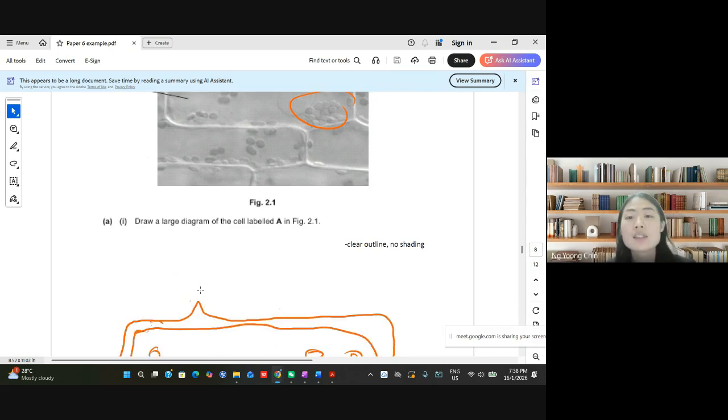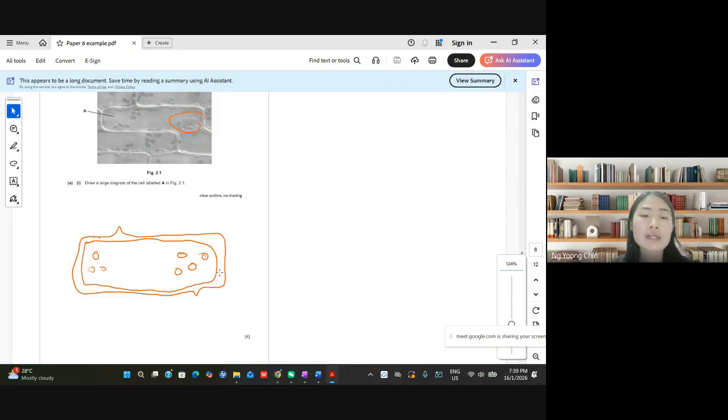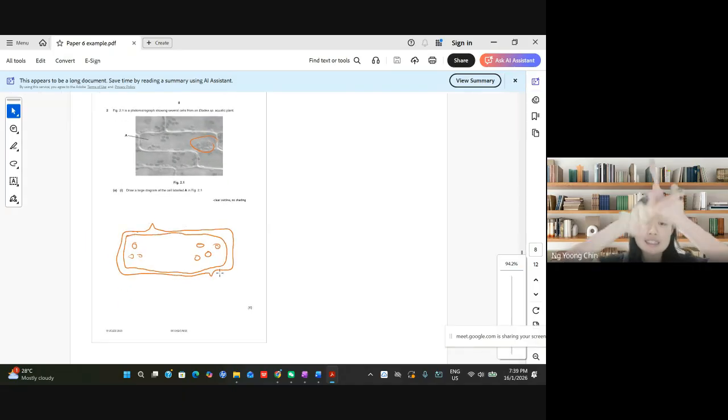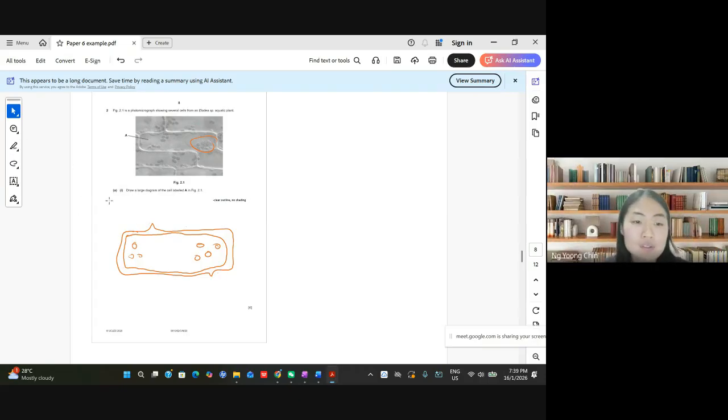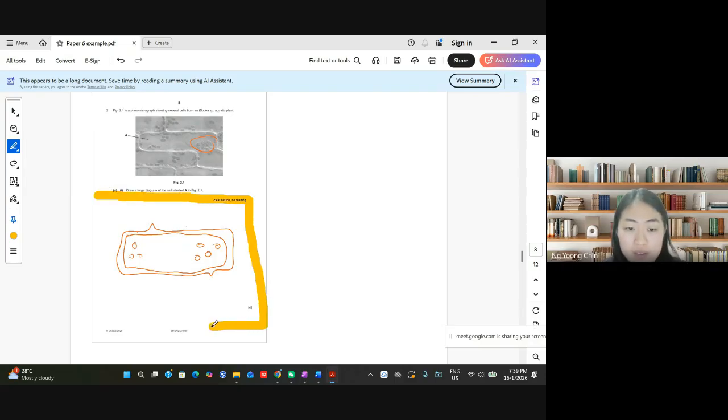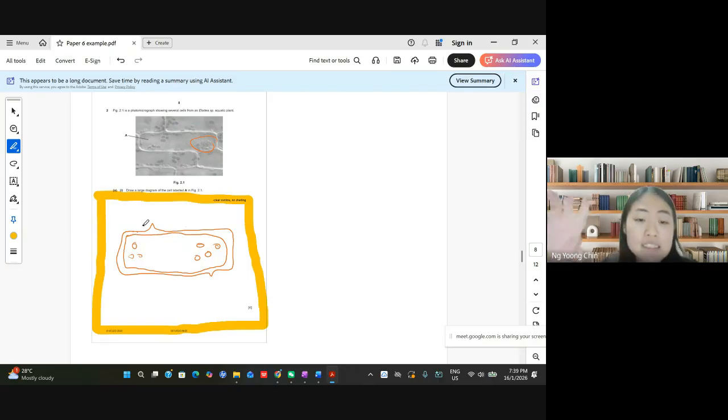How large is it? Okay, remember your paper. At this one, your paper is just like this, right? Like this layout. You should draw your diagram at least half of the given blank. So your given space is like this, right? So you should draw it occupying more than half of the space.